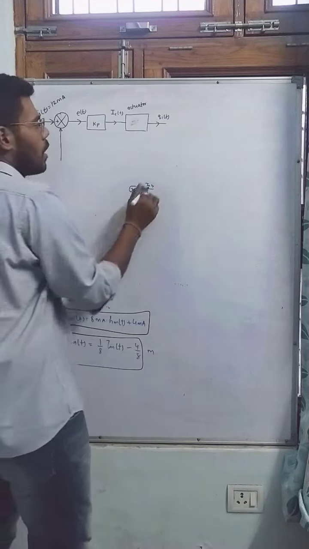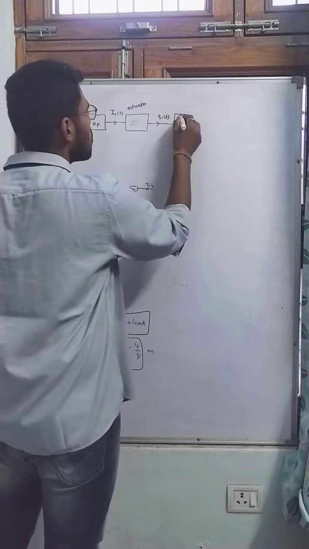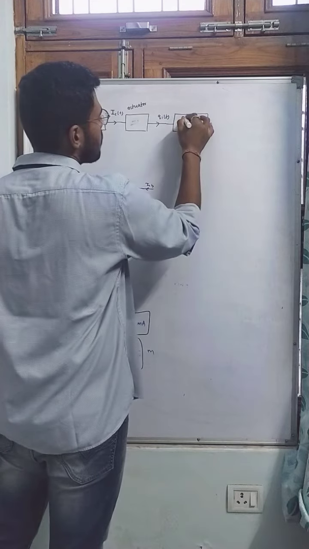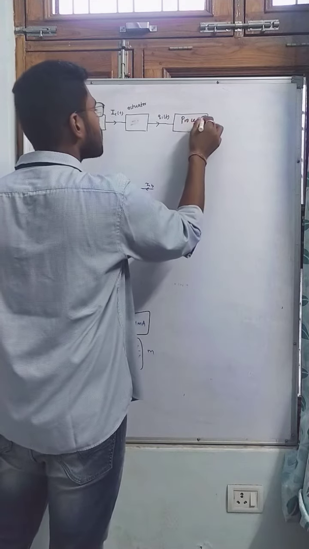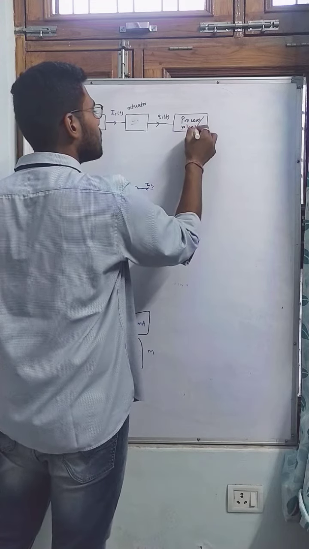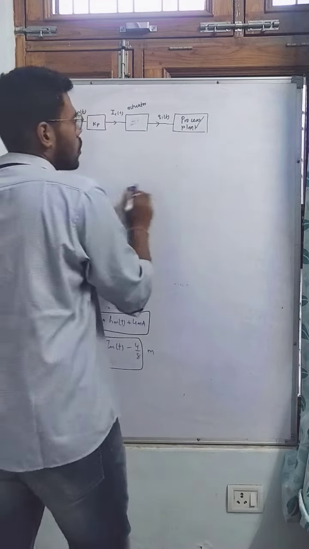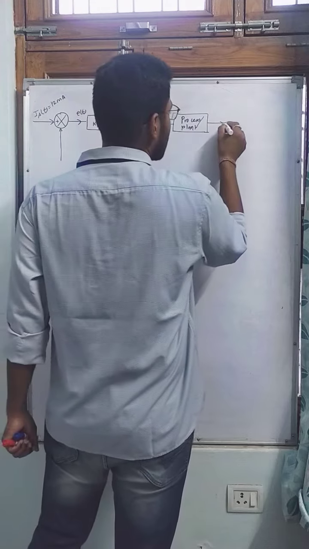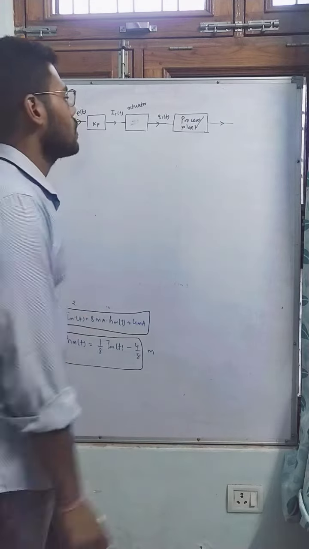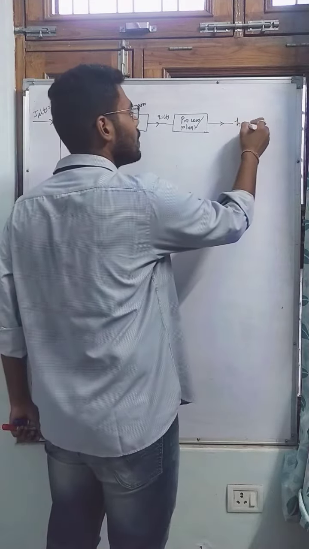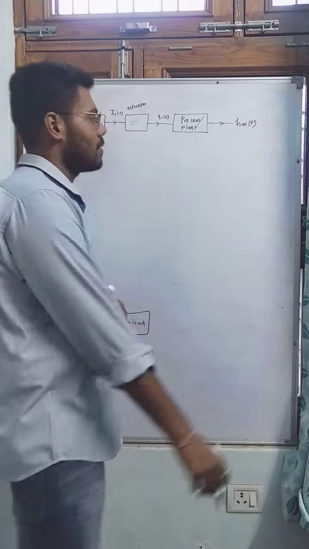Now this will go to the process or plant. So what is the output of the plant? What we want to control? That is the height, the level of the tank.